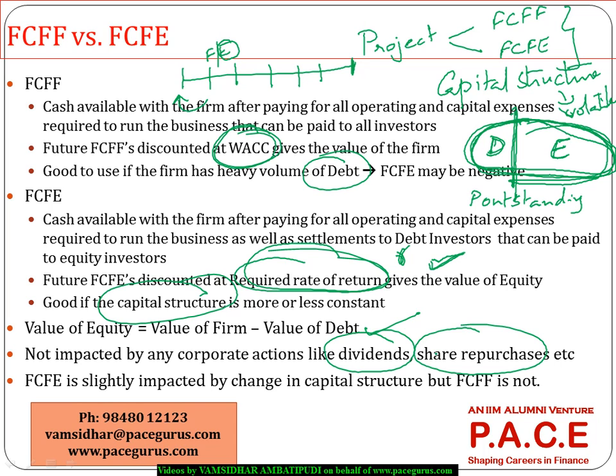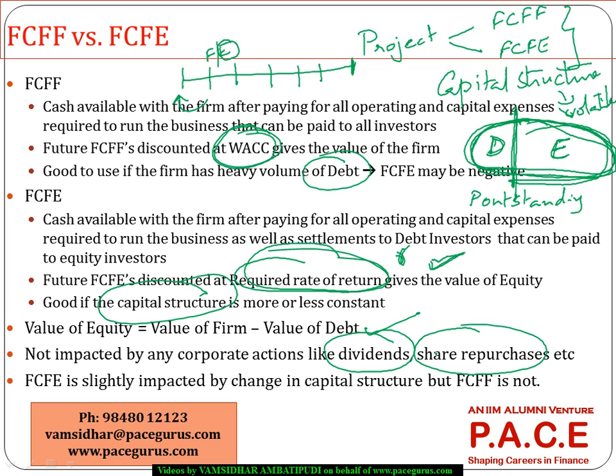Let it do whatever, let it retain, let it pay dividend, let it do a share repurchase, whatever it wants to do, let it do. We are looking at FCFE and FCFF one step above that process itself. So any such kind of corporate actions will not have any impact on FCFE or FCFF.